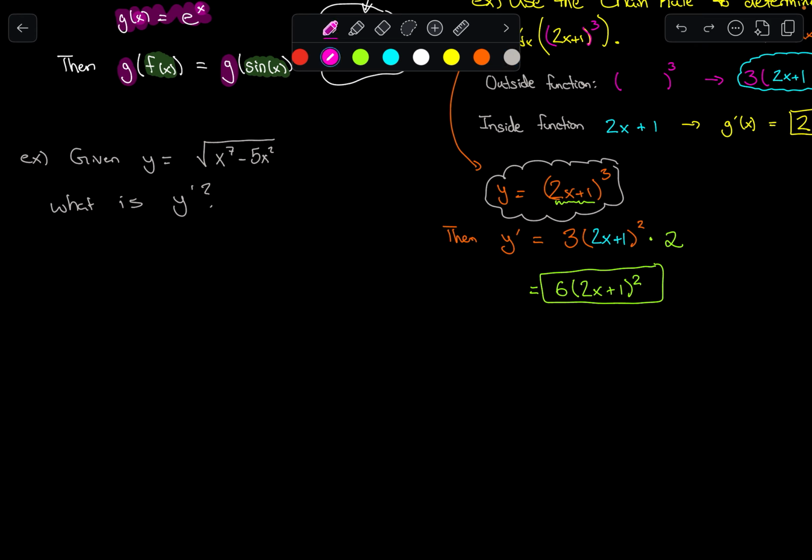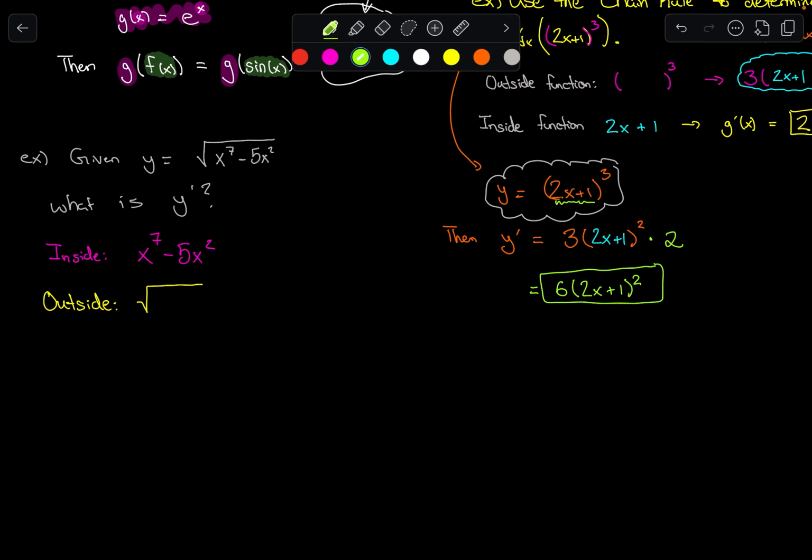So for this one on the left, we can identify that our inside function, we can take a guess, is going to be the x to the 7th minus 5x squared bits. And our outside function is going to be that square root bit. Now, as a square root sign, this maybe makes a little bit less sense.